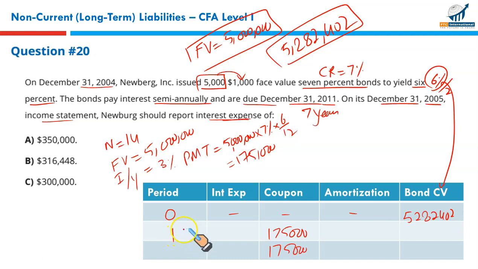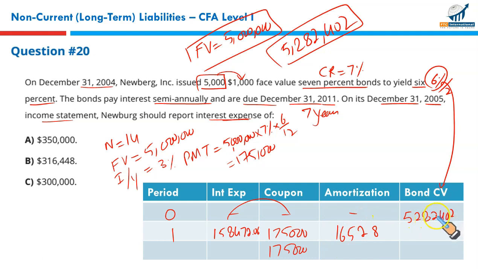It's the interest expense for the first 6 months, 158,472.06. The difference between the interest expense and the coupon is called the premium amortization. This is the premium now because your present value is more than the face value. So 158,472 less 175, you get 16,528. This will be amortized.